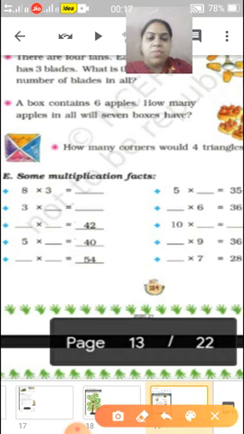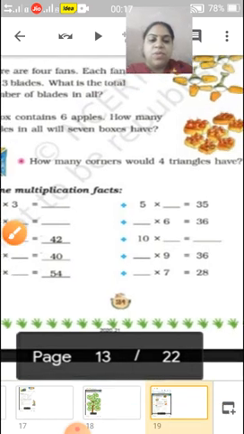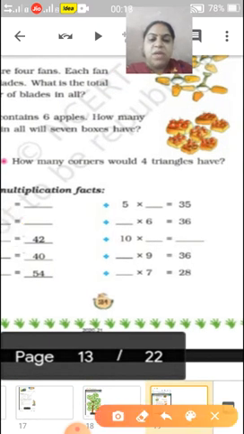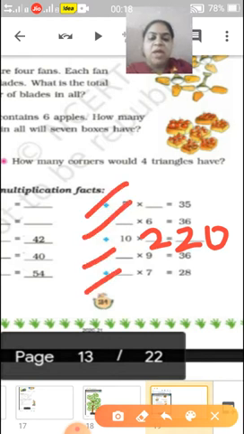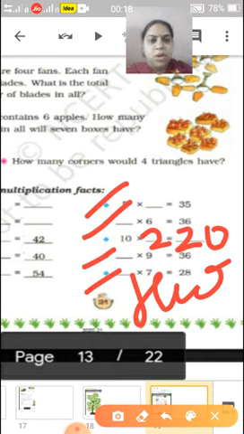Now here I will do this one. 10 times of what? 2, that means 20. Okay. The rest 4 which I am not taking are your homework. You will do them in your book only. Okay children.